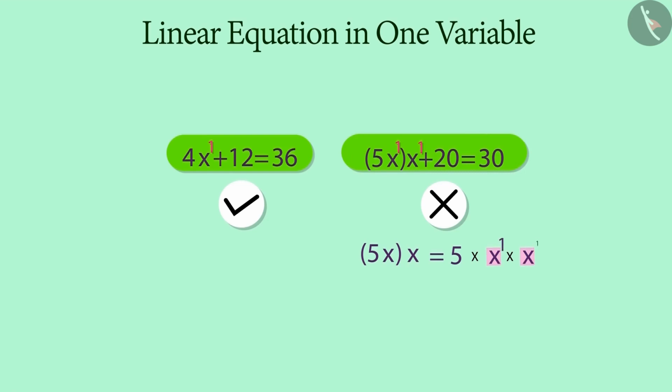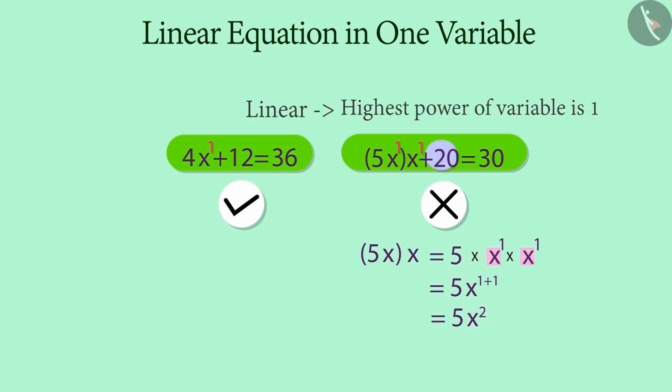Therefore, their individual powers will be added and the last term will be 5x squared. As you can see, the power of x is 2. As per the definition of linear equation, the second equation cannot be considered a linear equation. Therefore, the second equation is not a linear equation in one variable.